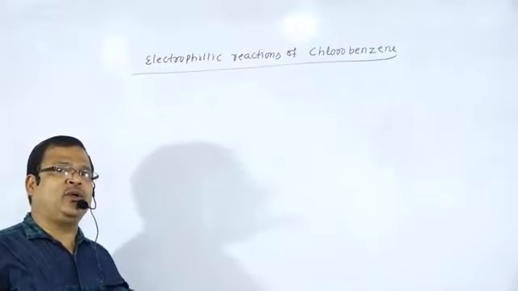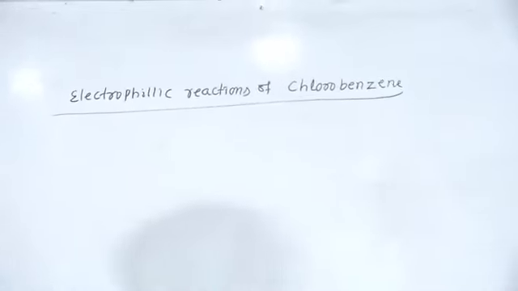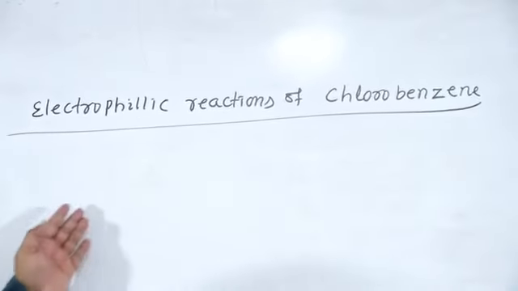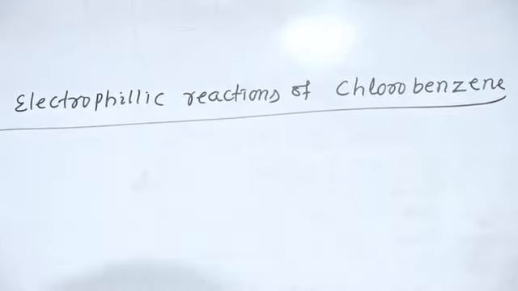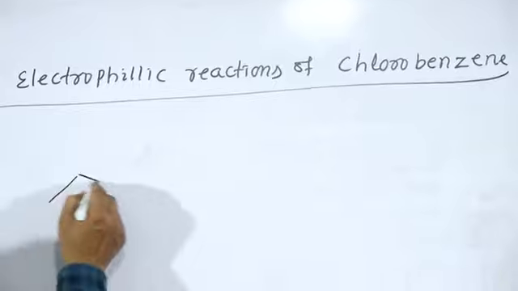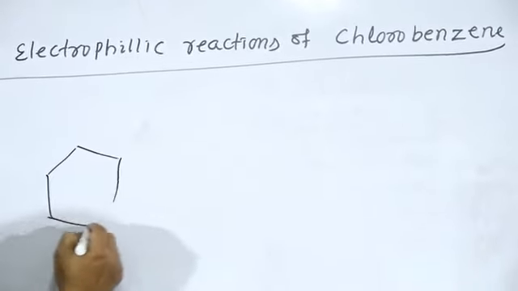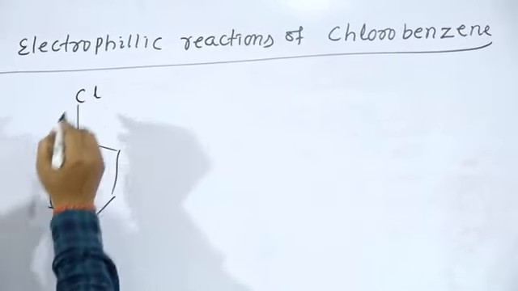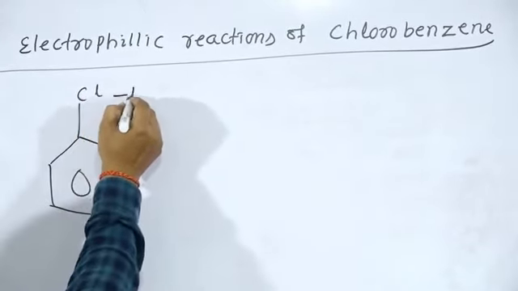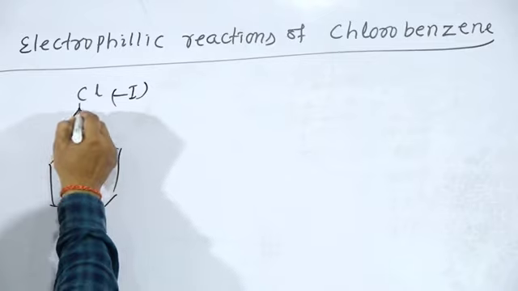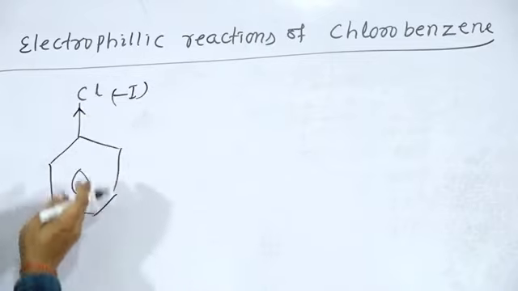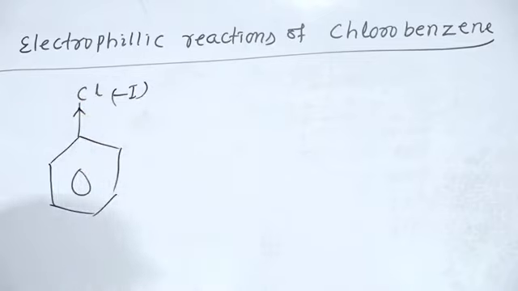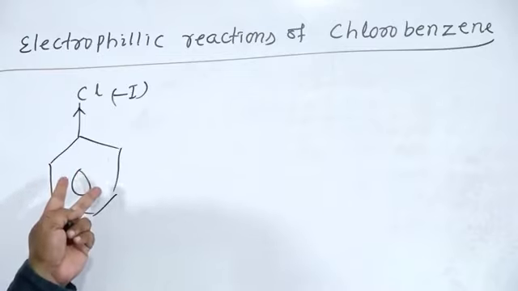Next we will see the electrophilic substitution reactions that take place in the case of chlorobenzene. The presence of halogen in the benzene ring is a minus I group, that is an electron withdrawing group. So that will withdraw electron from the ring, or decrease electron density in the ring.